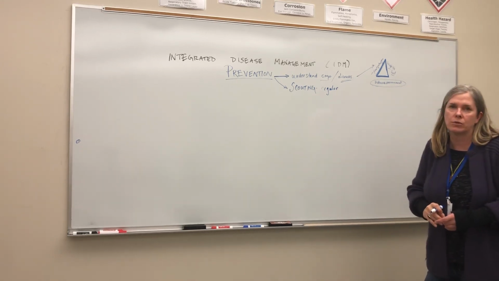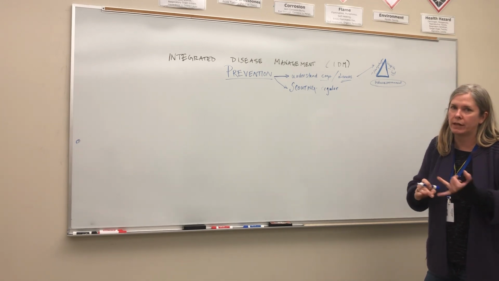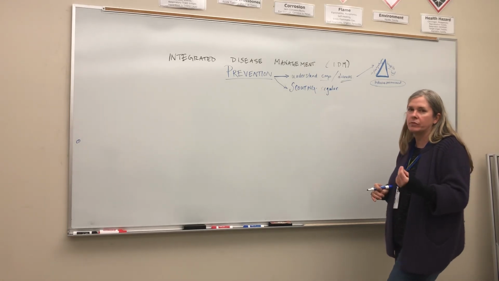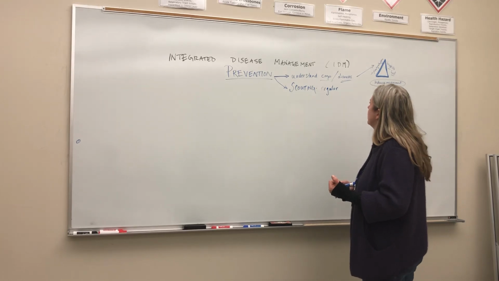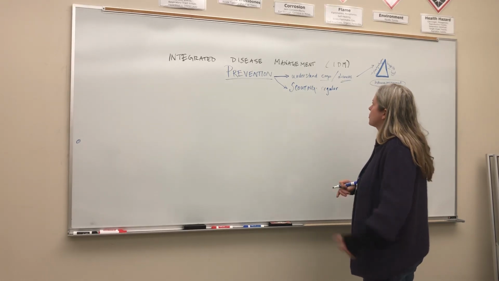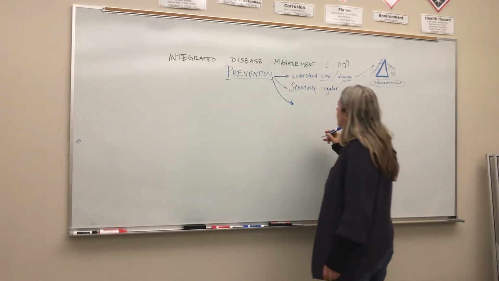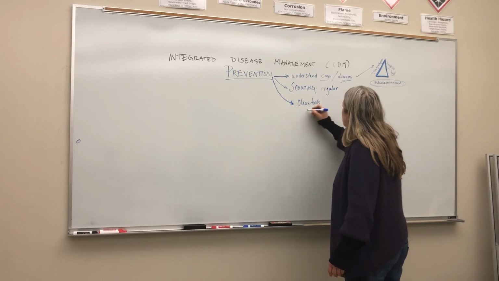If you're in the greenhouse, you may want to scout every Monday and every Thursday, because the greenhouse environment can go one of two ways. We're able to control that environment, but at the same time we might have a disease that comes on very quickly. So scouting, understanding, and then part of prevention, which we've already mentioned, is clean tools, clean seeds.